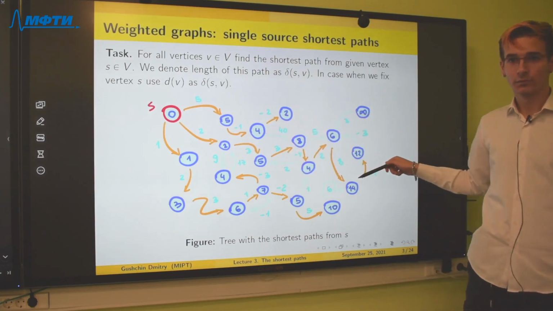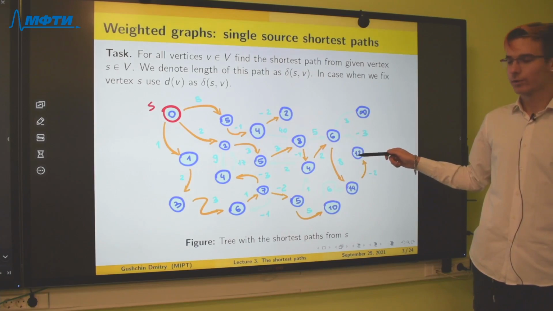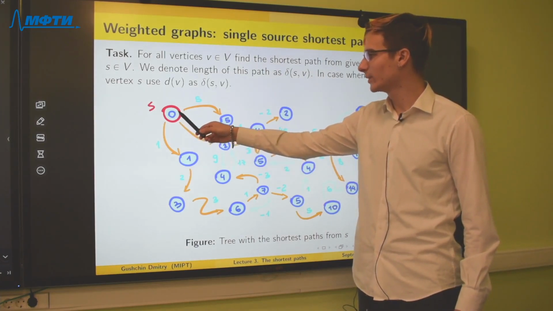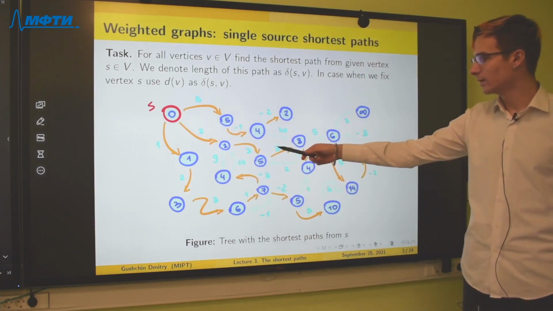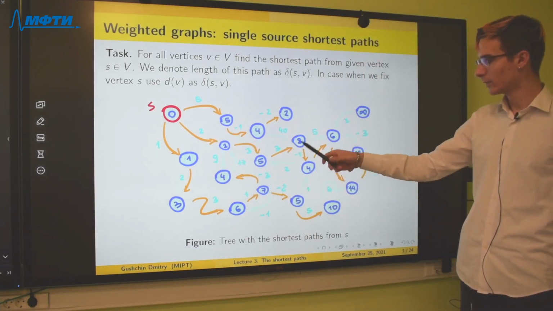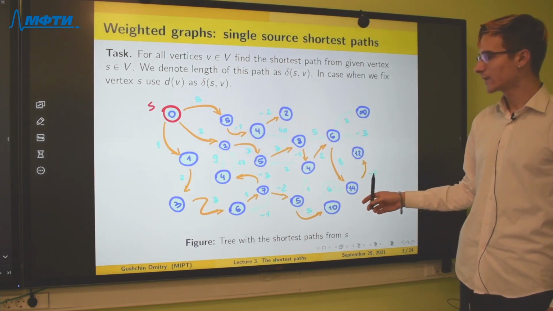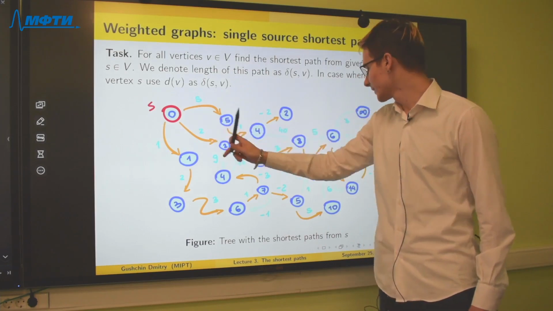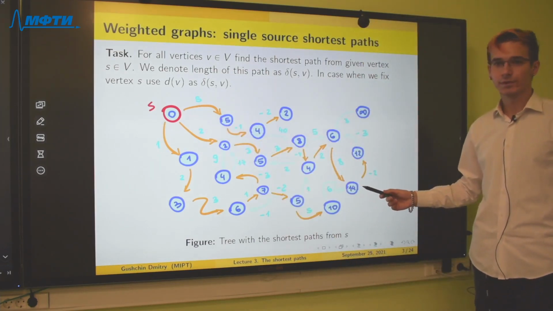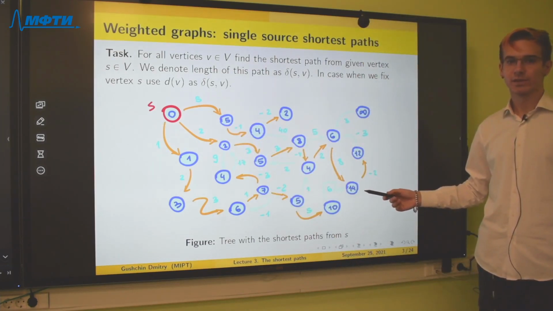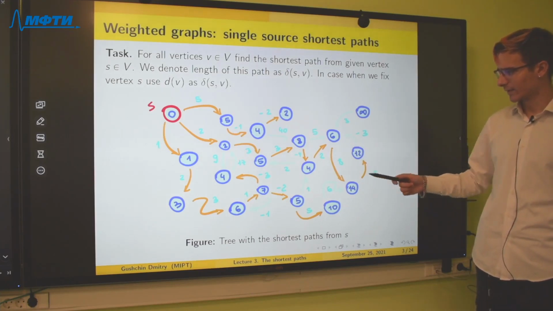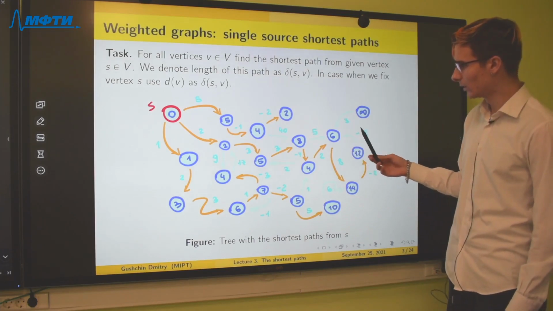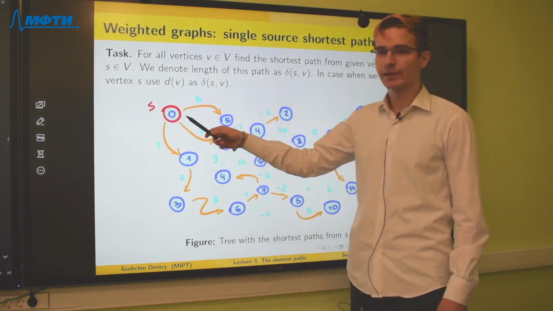Okay, so it is about subpaths, and so when we solve the problem of single source shortest path, we get a tree, because for any shortest path between S and inner vertices in this graph, we can say that, okay, we have the shortest path between S and, for example, the 14th vertex, and the shortest path between S and the 6th vertex will be a subpath of this path.